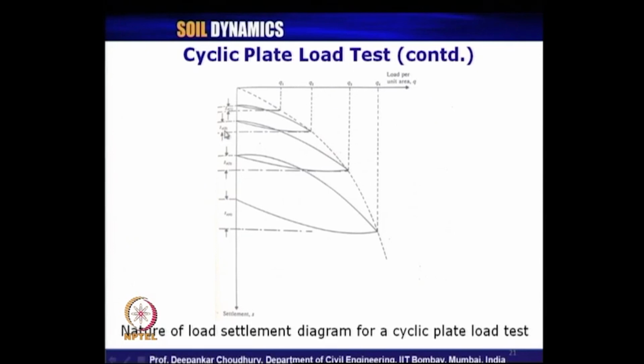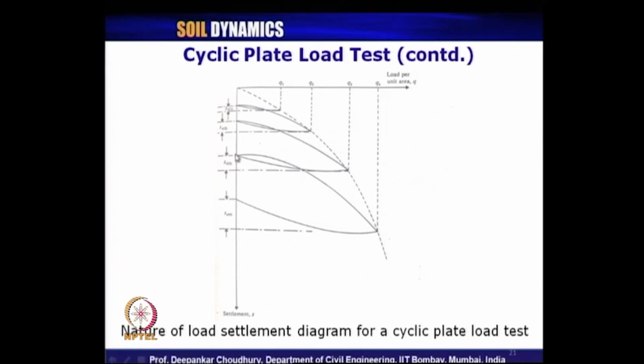So, this is SE2. This is SE1 corresponding to load Q1, SE2 is the elastic settlement corresponding to load Q2. Similarly, in the third cycle, this is the full settlement. After taking out the load, the remaining settlement is up to this.